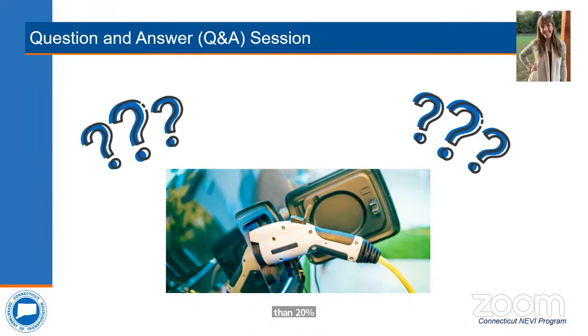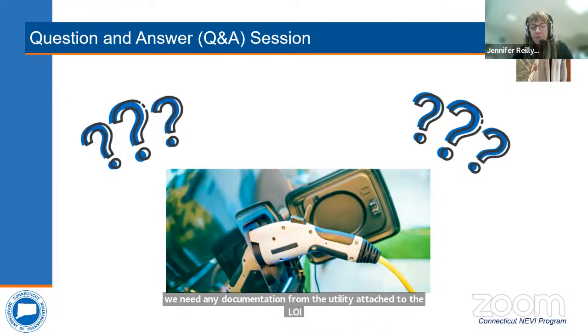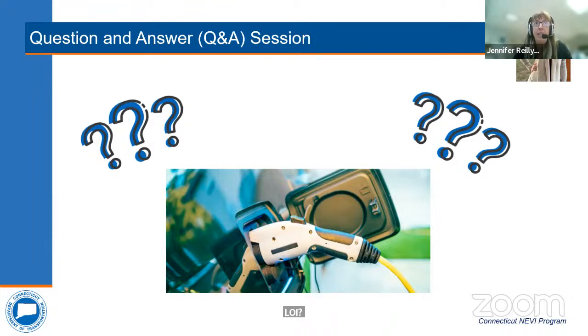Great, thank you. Do we need any documentation from the utility attached to the LOI? Thank you for that question. The LOI does not require official documentation at this stage.